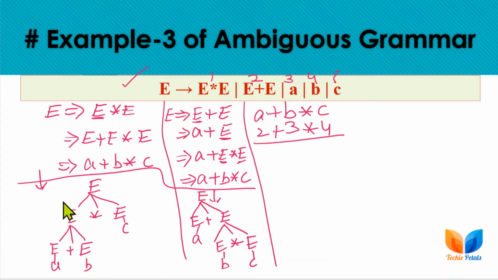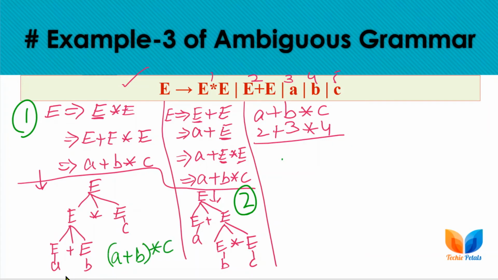If we are going with the first derivation tree, then we can say that we are having the plus operation performed first and then the multiply operation. So this is like performing a plus b multiply c.